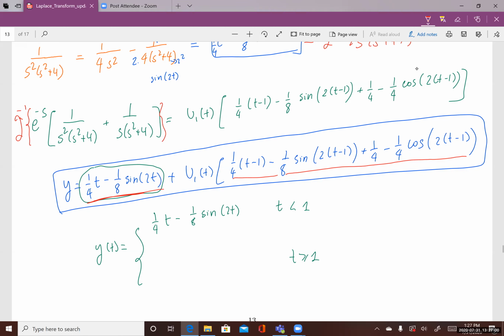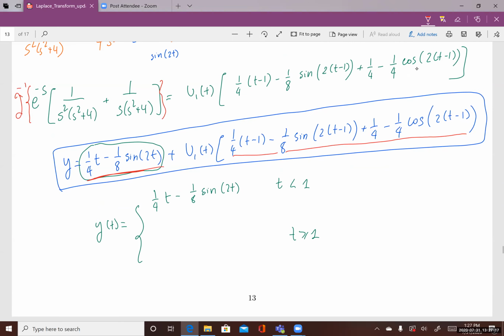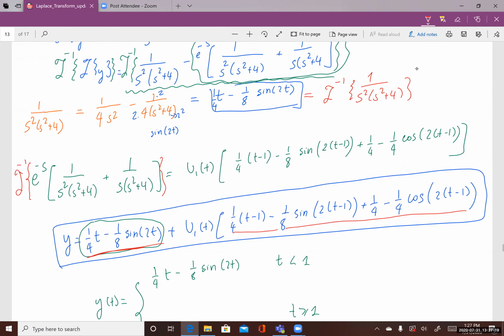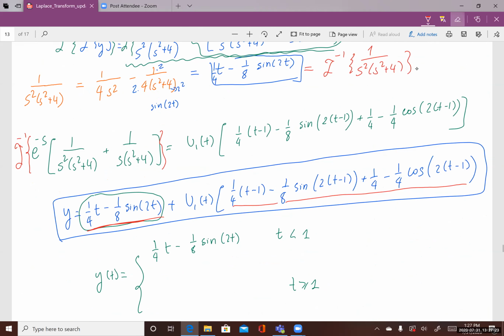You have 1/4, negative 1/4 here, so 1/4 is gone, right? You have 1/4 t. One thing is this is negative, so I should have a negative here.